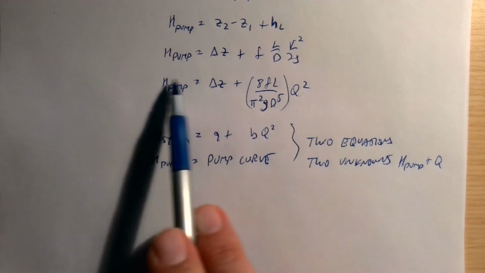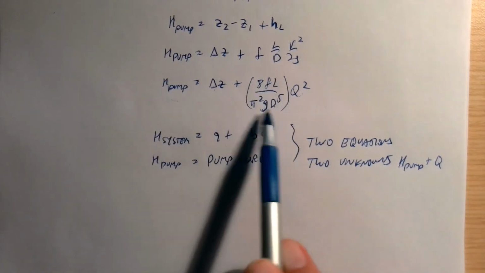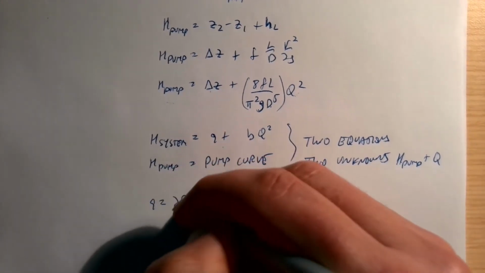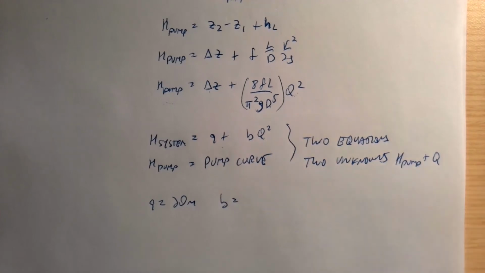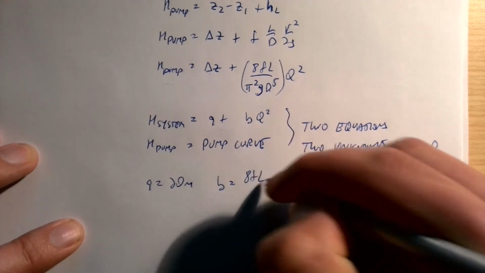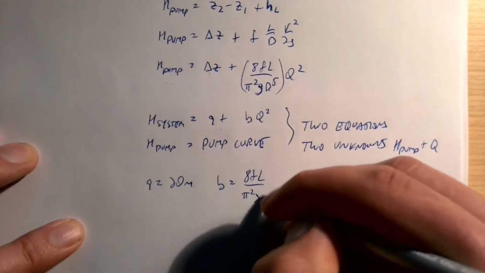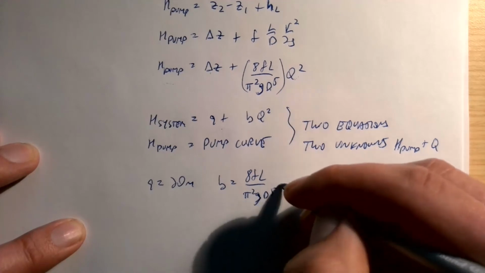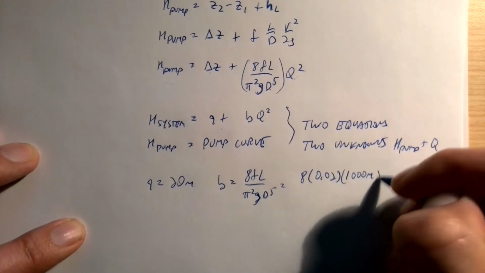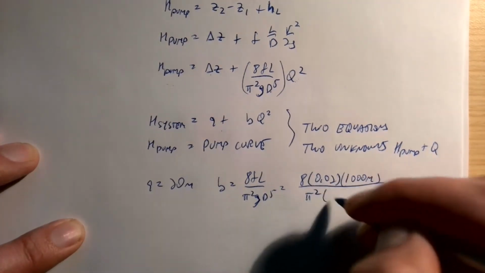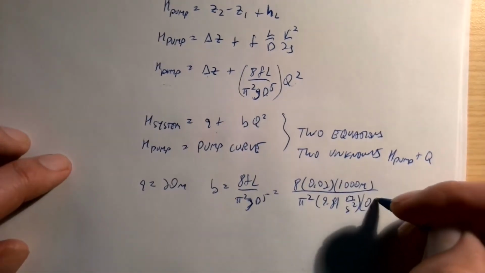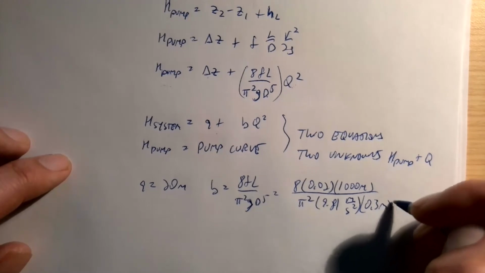So we can calculate delta Z and then this whole thing here are A and B. We can get those. So we have A is 20 meters. We know that one right away. And then B we have is 8FL over pi squared G D to the fifth. And so 8 times 0.02 times 1,000 meters over pi squared, 9.81 meters per second squared, and 0.3 meters to the fifth.